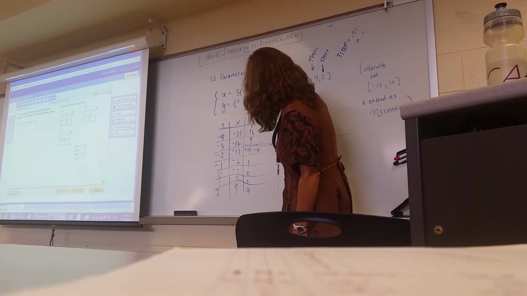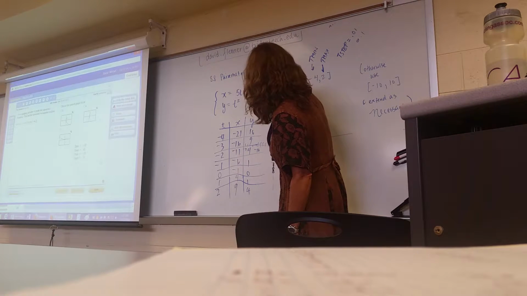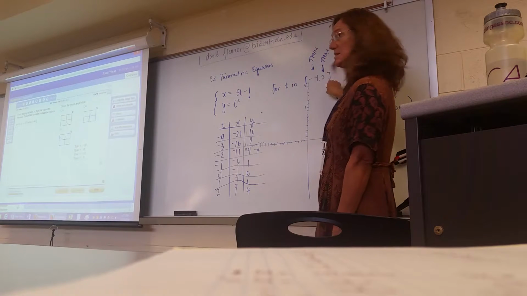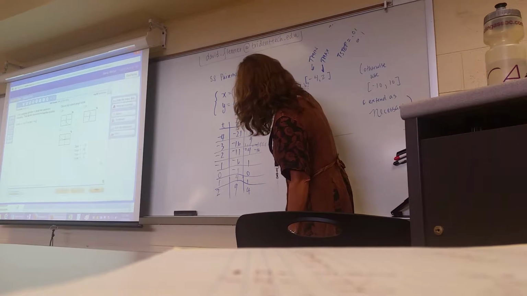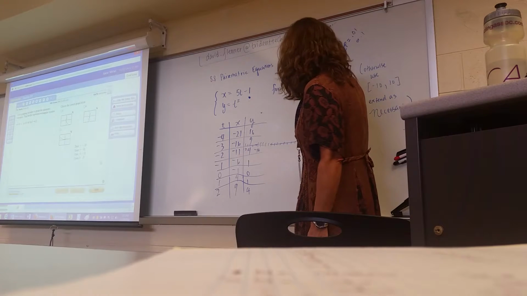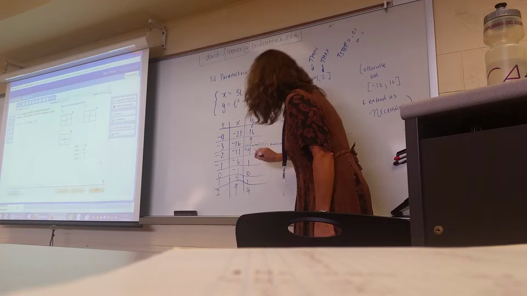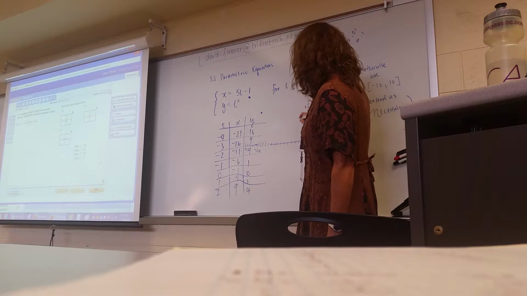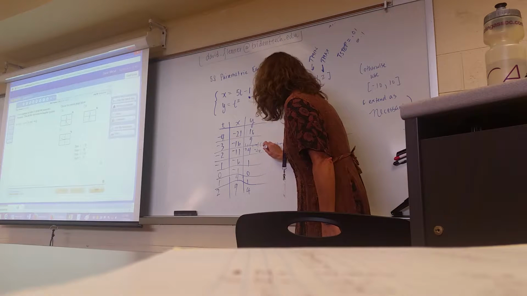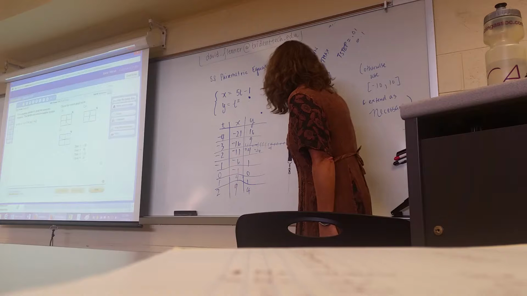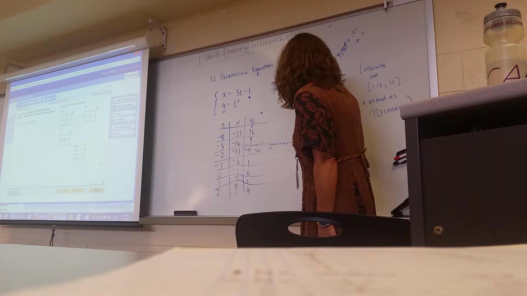That's like an endpoint, right? Because they said use this interval, so it actually starts there. And then it comes to this point. That's negative 16. And then negative 11, 4.